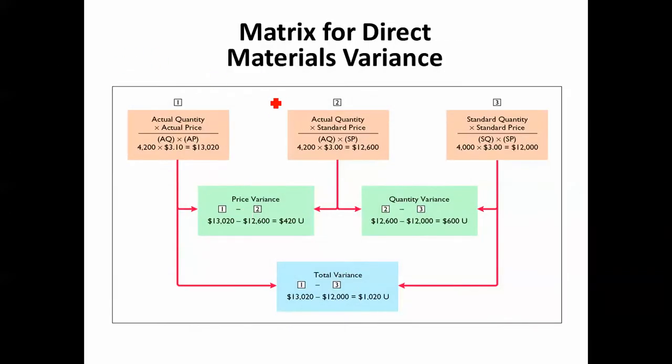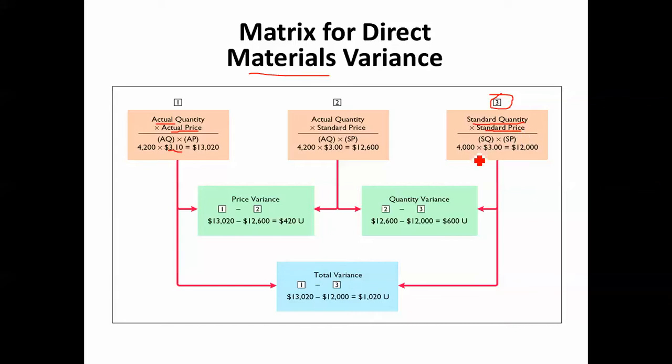Now, when it comes to analyzing the variances, we set up what's called a matrix. Over here in the first column, we take the actual quantity times the actual price for materials. So the AQ, we used 4,200 pounds, and we paid $3.10 actual for it. Over here in column number 3, we set up the standard quantity allowed for the production we did times the standard price.